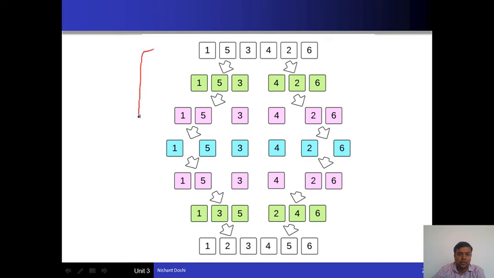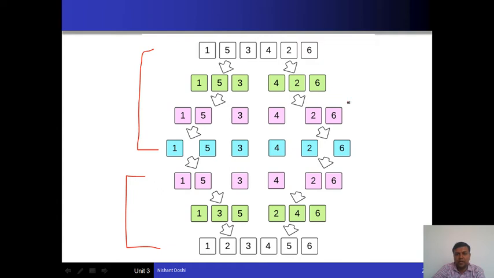Again it will be a divide part here, and then from here to here it will try to merge. Once it is merged, combined, ultimately you will get the sorted part here. From the viewpoint of writing, you can use this way and do it.